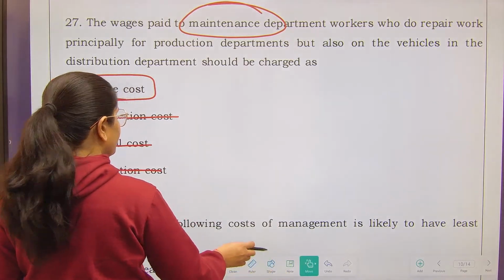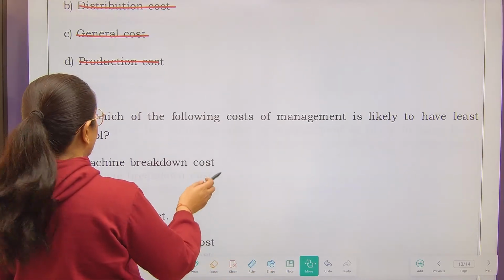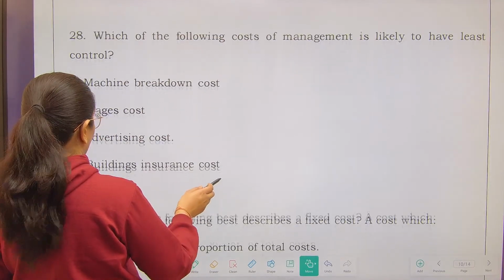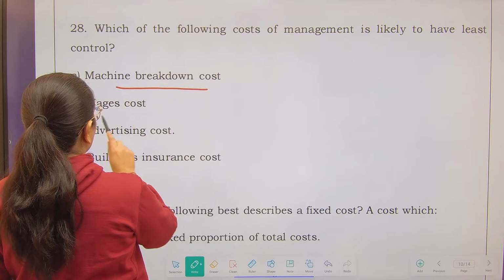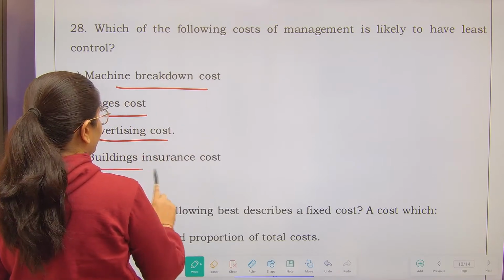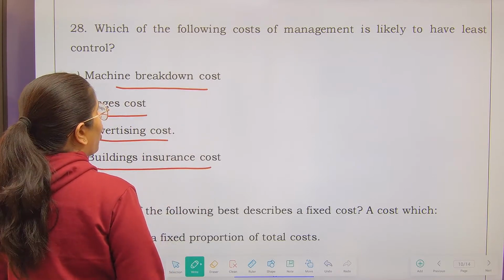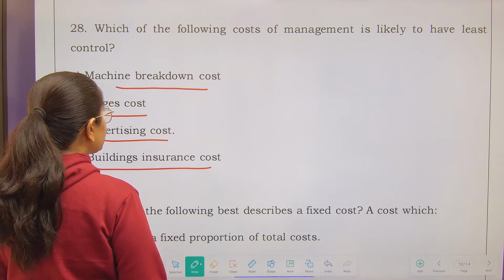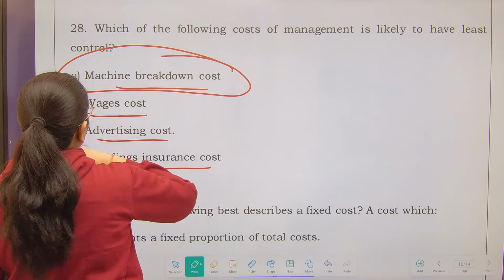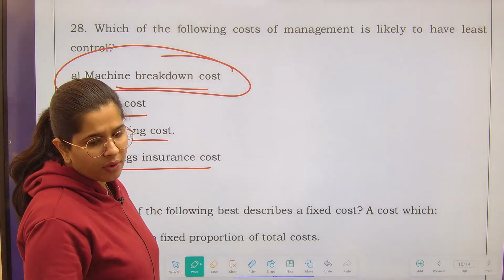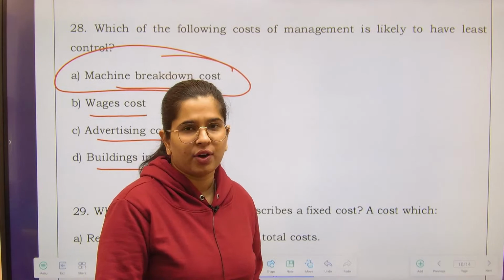Next is, which of the following costs of management is likely to have least control? Machine breakdown, wages, advertising, building insurance cost. The one on which we are going to have least control is the breakdown cost. Can you control the breakdown of the machinery? No, you cannot.